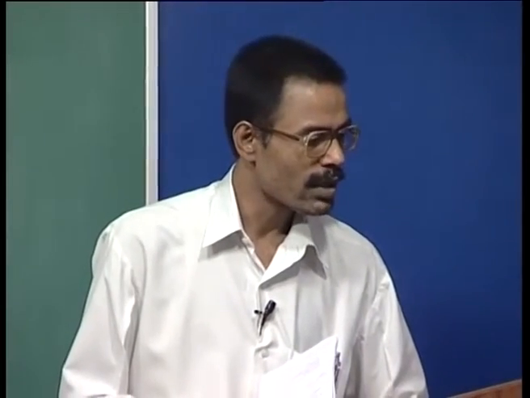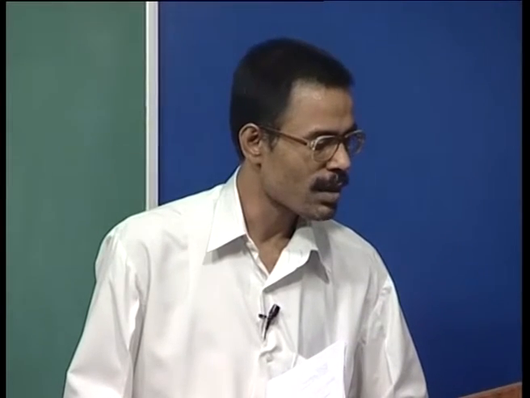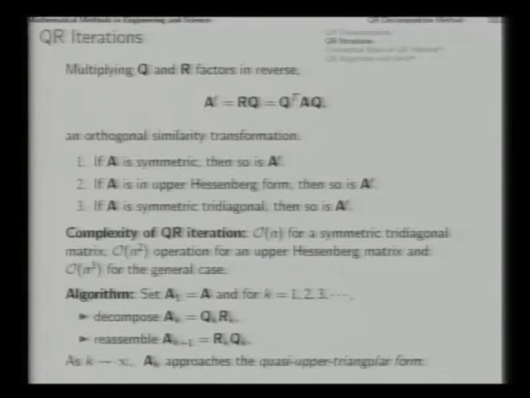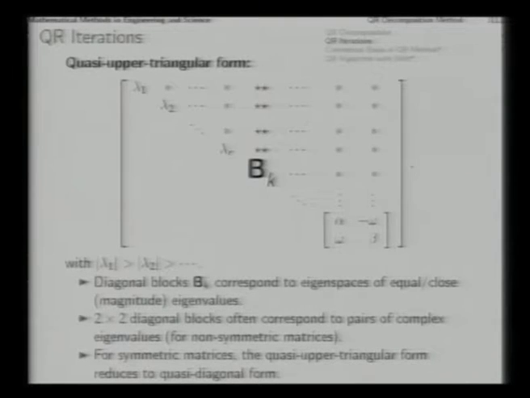Now, one point that needs a special mention is that the QR decomposition algorithm will operate on any matrix and try to give this kind of a quasi upper triangular form. It operates on all matrices. It is effective, but is it efficient?